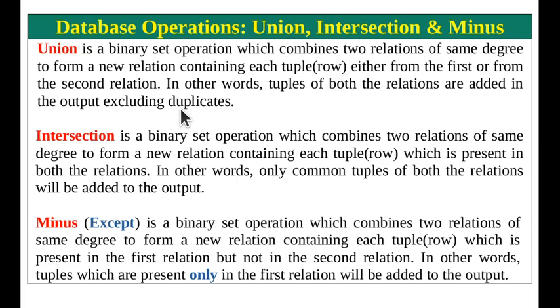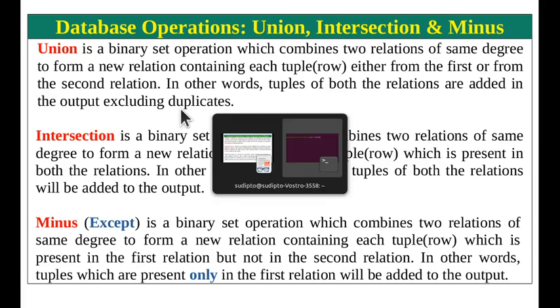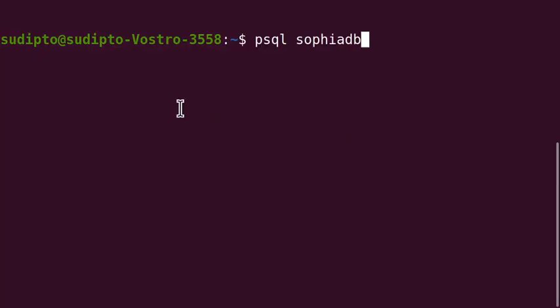See the execution. Here I told you that in MySQL all the operations you won't get. So I am showing you in PostgreSQL. For that the command is psql sophiadb, that is my database name.